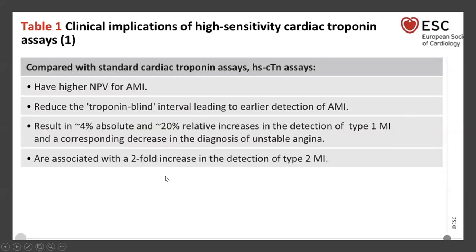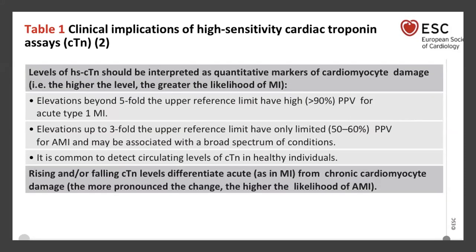It can result in a 4% absolute and a 20% relative increase in detection of your type 1 myocardial infarction, and a corresponding decrease in the diagnosis of unstable angina. They are associated with a 2-fold increase in detecting your type 2 myocardial infarction.